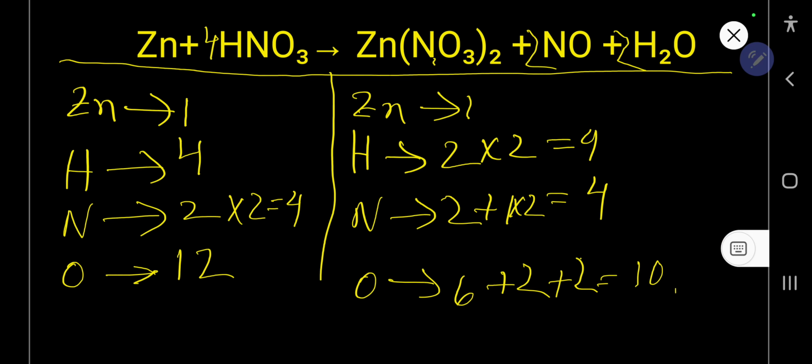Look, here 12 oxygen, here 10 oxygen. Actually we need here 12 oxygen, right? We need 12. So to get 12, look, here we have 2 oxygen that has come from here. If we have 2, look, we need 4 plus 2, that is 8, and we need to increase 4.